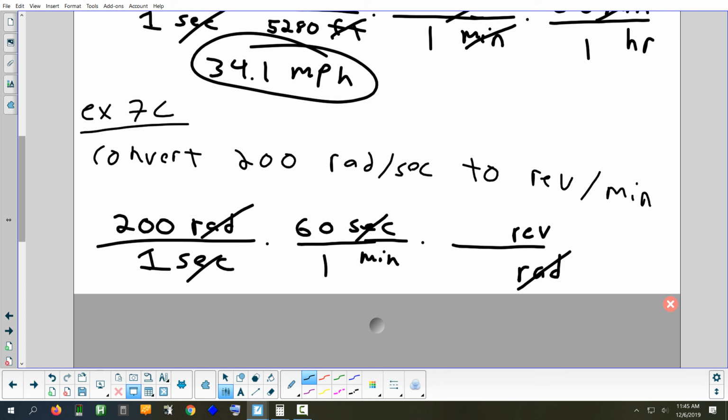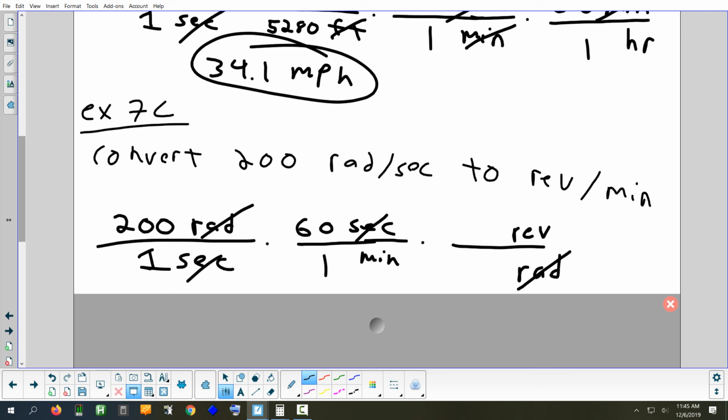Pi over 2 is 90. That's even smaller than 90.